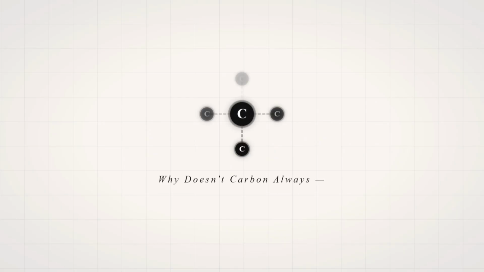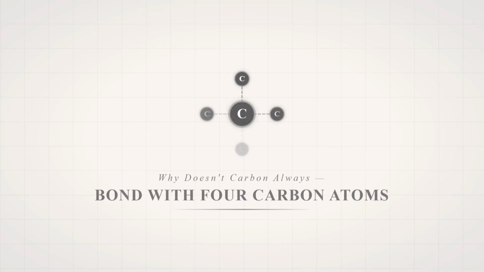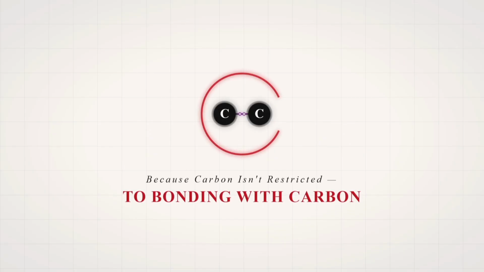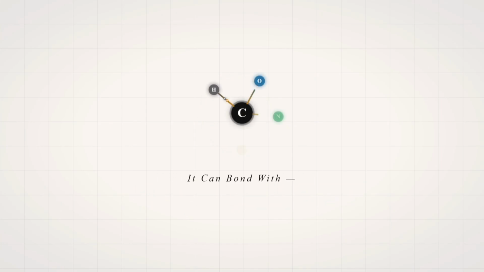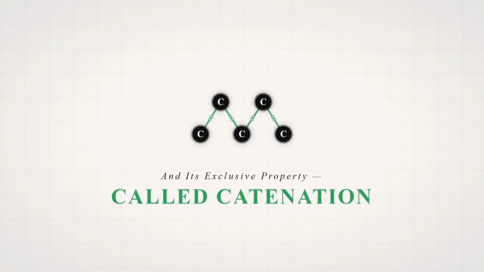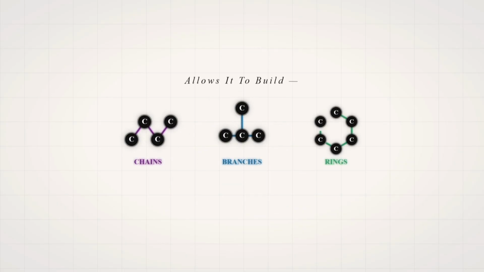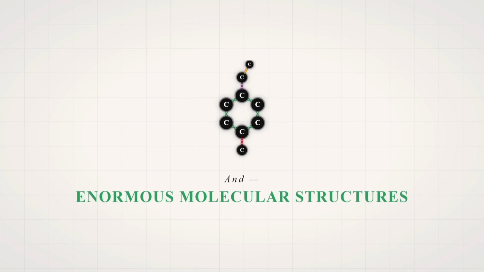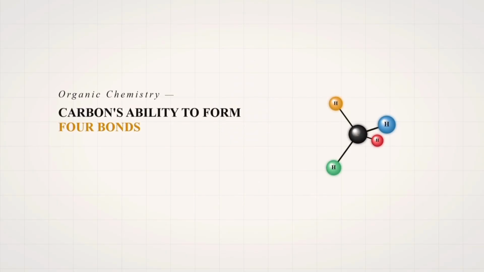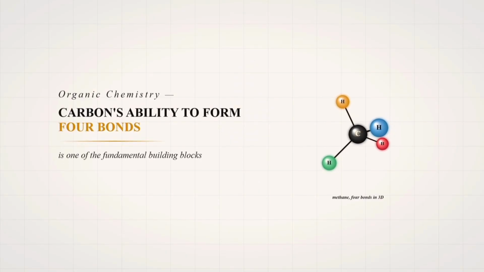And why doesn't carbon always bond with 4 carbon atoms? Because carbon isn't restricted to bonding with carbon. It can bond with many different elements. And its exclusive property of bonding, called catenation, allows it to build chains, branches, rings, and enormous molecular structures. So, carbon's ability to form 4 bonds can be seen as one of the fundamental building blocks of organic chemistry.